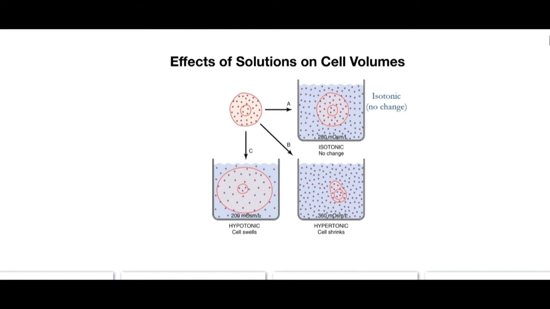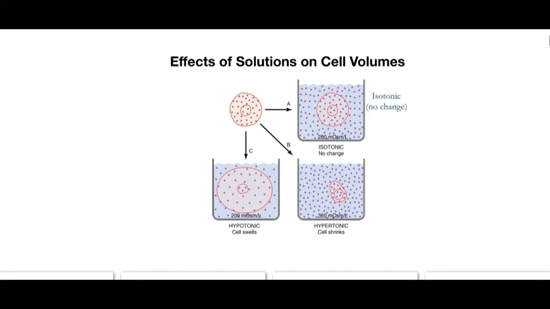Tonicity looks at the relative amounts of concentration on either side of a particular membrane. So it's a very specific scenario where it's looking at if something is in a hypertonic solution, it's hypertonic because of that particular membrane that we're discussing at that moment.